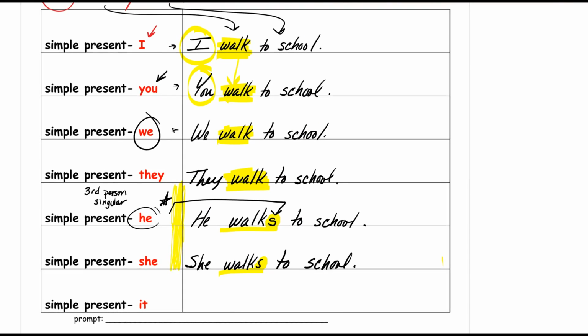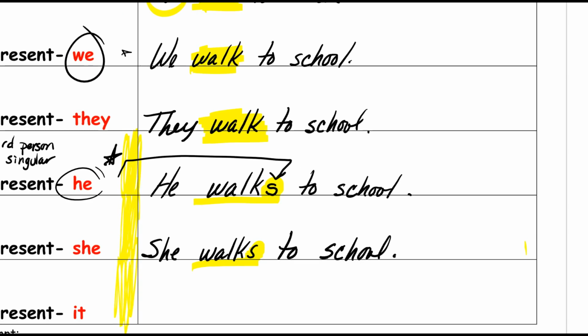Most books have I, you, he, she, it, but I prefer this order. I, you, we, they, he, she, and now let's do the last one. It walks to school.